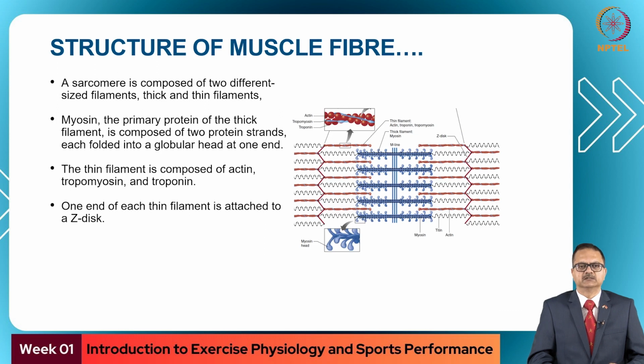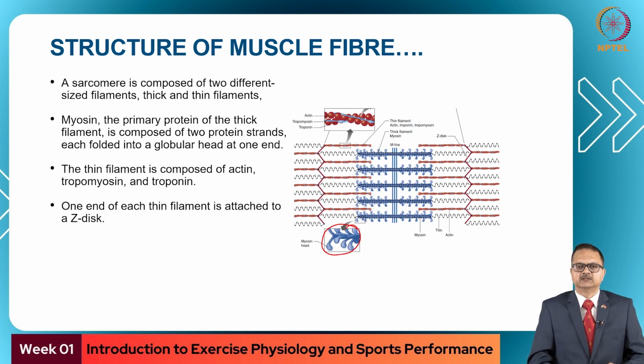A sarcomere is composed of two different types of filaments, thick and thin filaments. Myosin, the primary protein of the thick filament, is comprised of two protein strands, each folded into a globular head at one end. So this is how the myosin heads look.